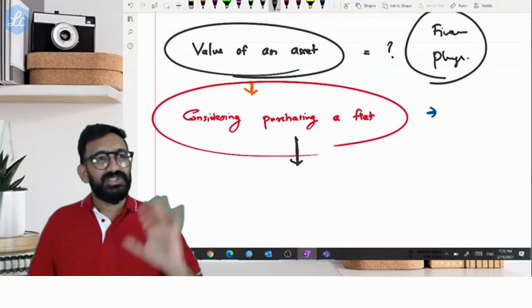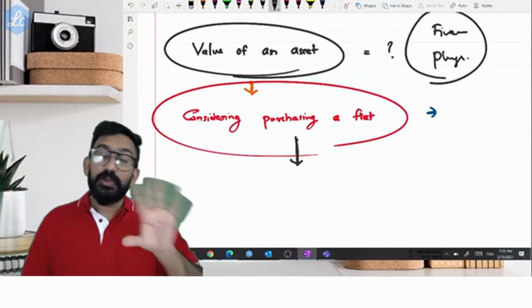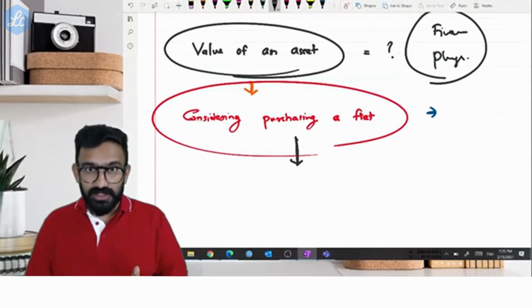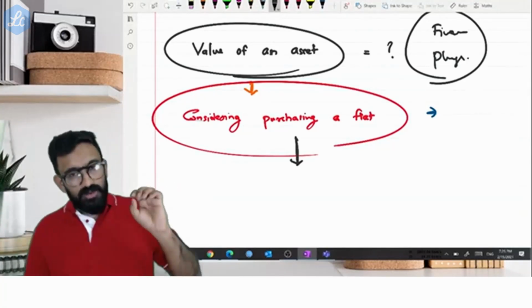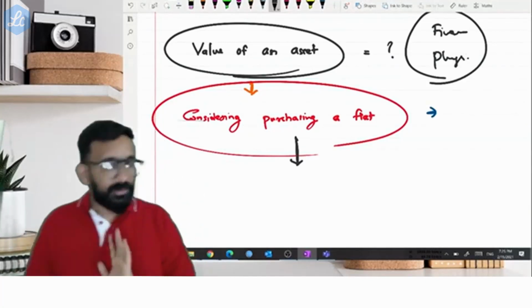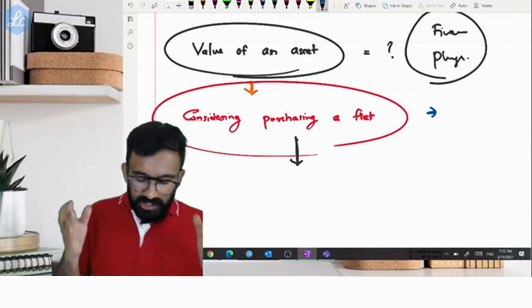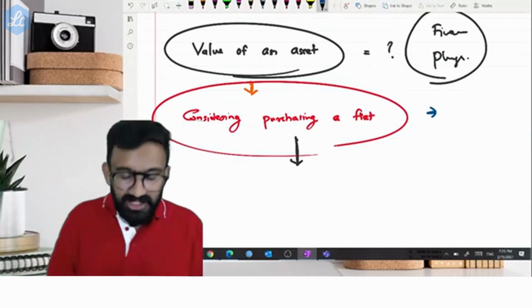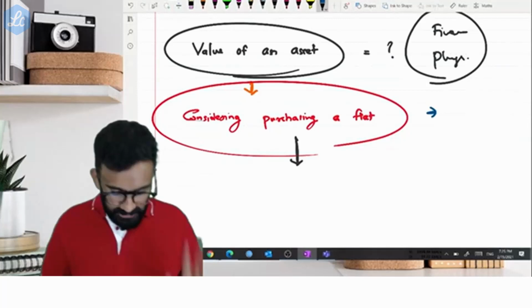Oh, this stock sounds very nice. Just because of that, you will have an additional value for that stock? No, right? Similarly, whatever you consider is based on financial information. So you wanted to check how much will be the real value of a flat when you're purchasing it.